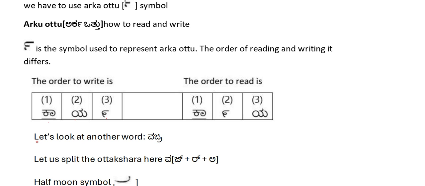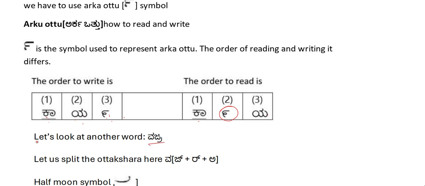But when you read, you have to read the sound of this first. So you say Ka, R, Ya, even though it is written as Ka, Ya and then the Arka Ottu symbol. For writing you follow this order, but when you read, you read Ka, then R and Ya. So when using Arka Ottu, the order for writing and the order for reading differ.